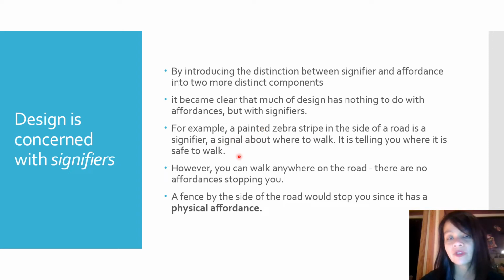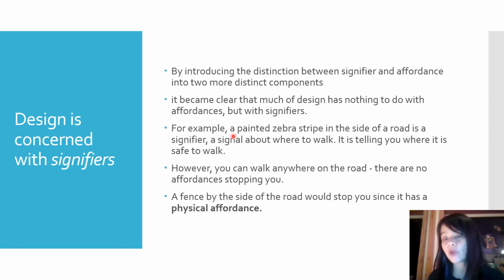Even given a physical example, for example, a painted zebra stripe, like a crosswalk, on the side of the road is a signifier, a signal that tells you where to walk and tells you where it's safe to walk. But really, you can just walk anywhere on the road, right? There's nothing physically preventing you from doing that.